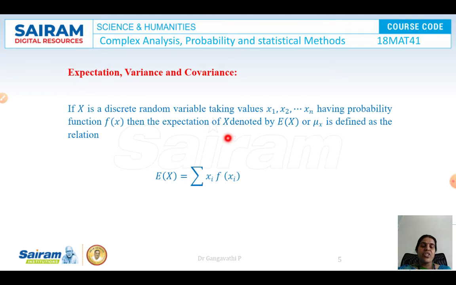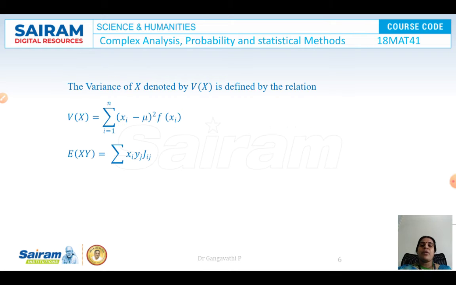Then the expectation of x, denoted by E of x, or also represented as mu x, is defined as E of x equal to summation of xi into f of xi, for i taking as many values as x has been given. So if 5 values have been given, then i takes the values from 1 to 5. So that is about our expectation.